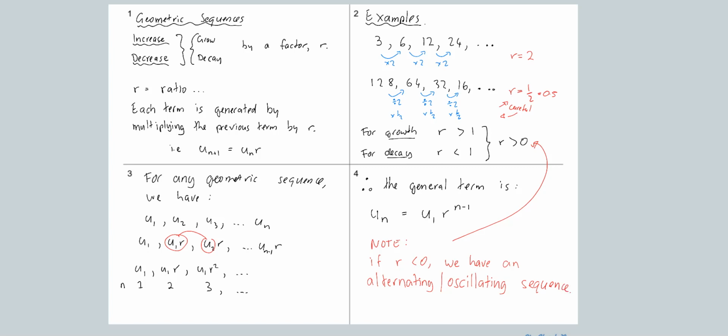Okay, so it just goes positive and negative and positive and negative, like that. It's just got an oscillating pattern. It's not to be confused with an ocelot pattern, which is just a piece of fabric with ocelots all over it. This is oscillating, going up and down, up and down. So a sine wave is oscillating, for example. But again, it's discrete, so it doesn't have all those values in between, which is why we can't treat it like a function. So if R is less than 0, we have an alternating or oscillating pattern.